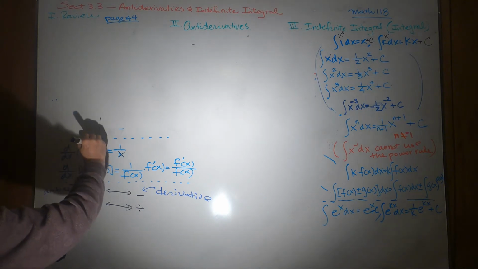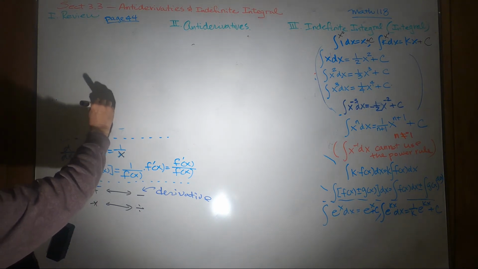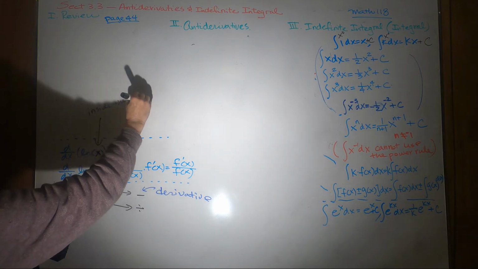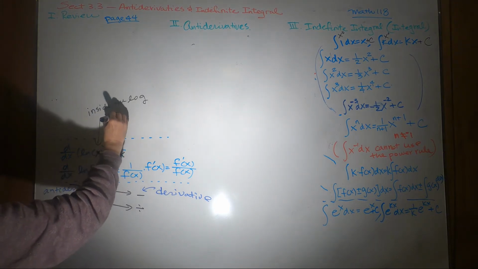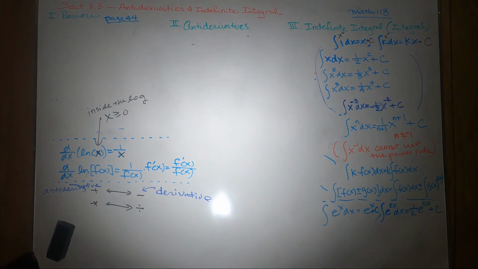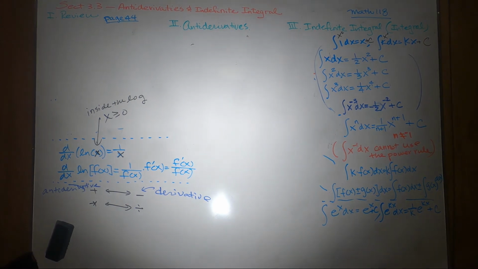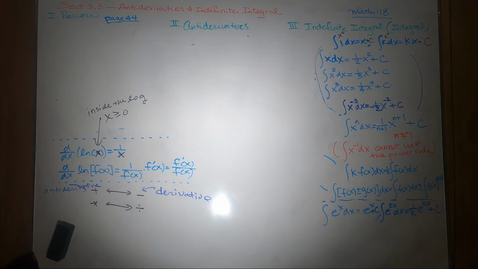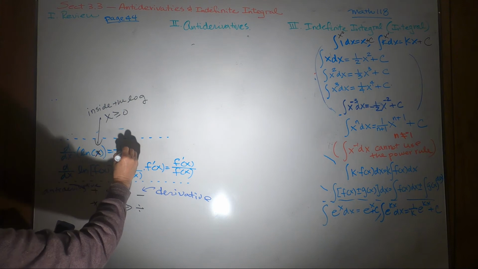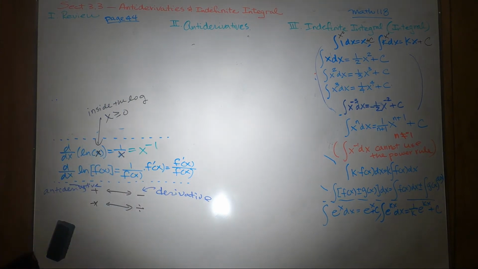We said the inside of the log cannot be negative, so x has to be greater than 0, right? Take a look. When we take the derivative of the natural log, it ends up being 1 over x, which is x to the negative 1. Is that right?